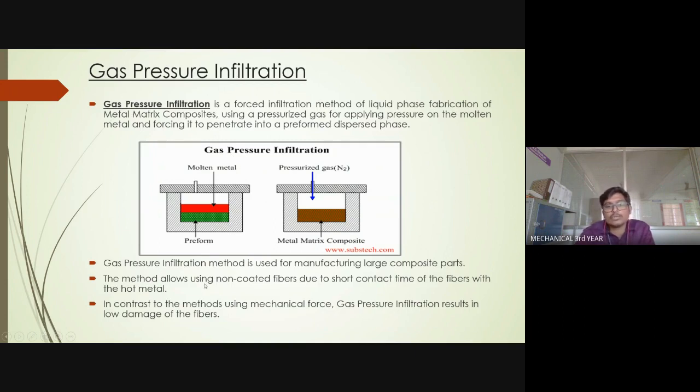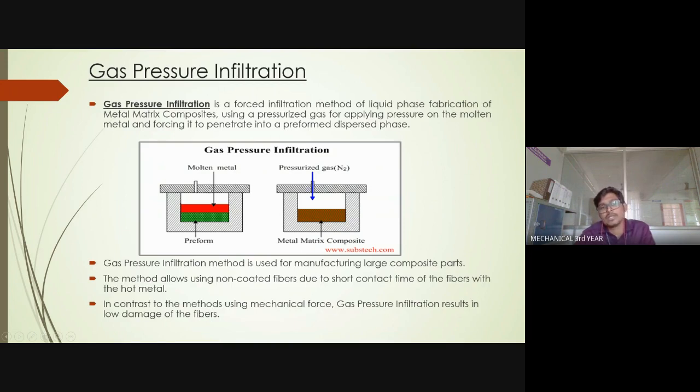The method allows using non-coated fibers due to short contact time of fibers with the hot metal. So this is the next advantage of using gas pressure infiltration. The next thing is, in contrast to the method using mechanical forces, gas pressure infiltration results in low damage of the fibers.